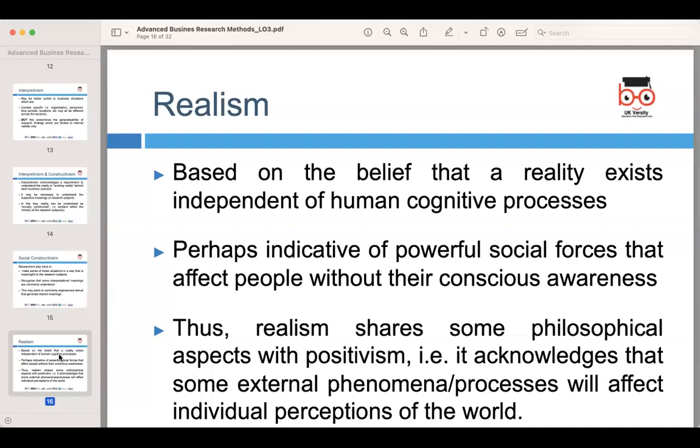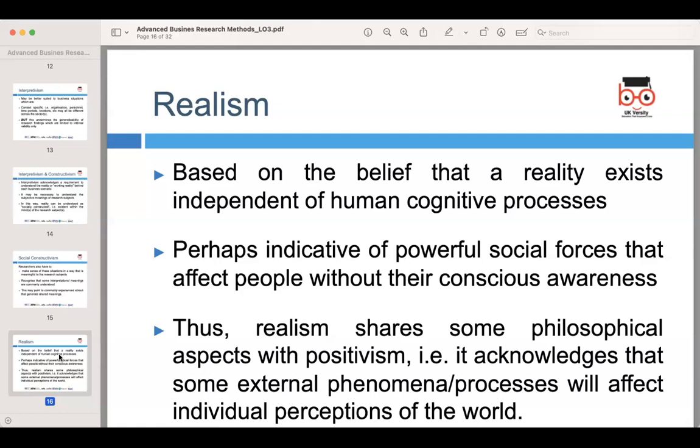Realism also recognizes that there are powerful social forces at play that can affect people without them even realizing it. These forces can shape our thoughts, beliefs, and actions without our conscious awareness. In some ways, realism is similar to positivism, which is another philosophical perspective.